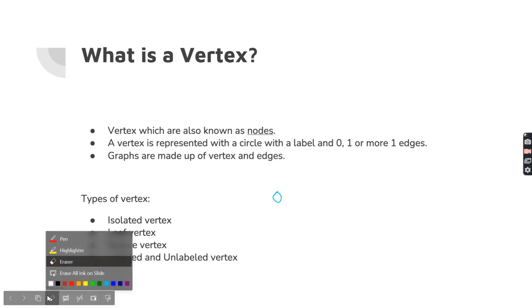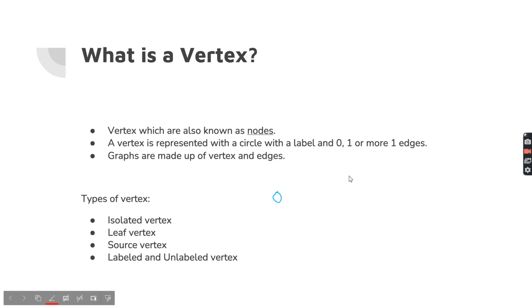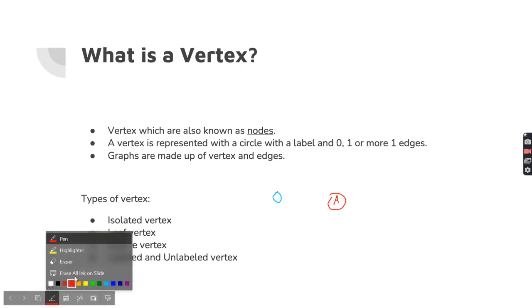A labeled vertex would be with something in it, which I'm denoting as a vertex. So this is a labeled vertex, and the lower one is the unlabeled vertex.